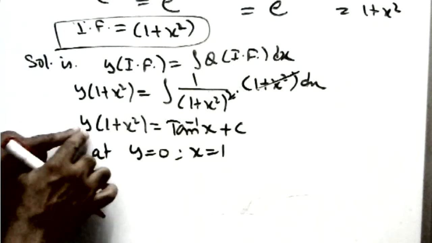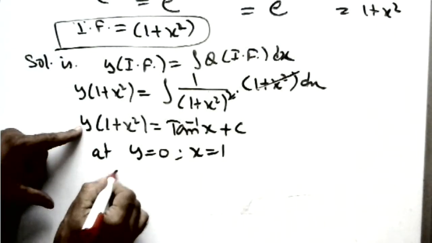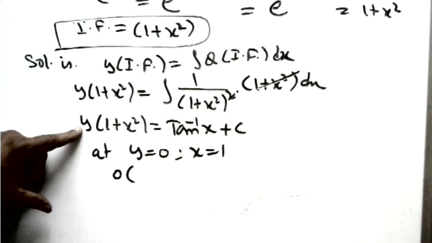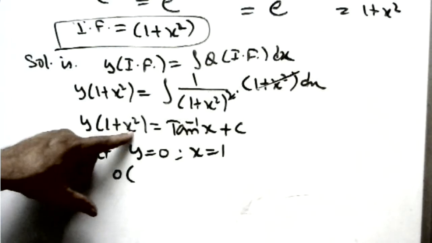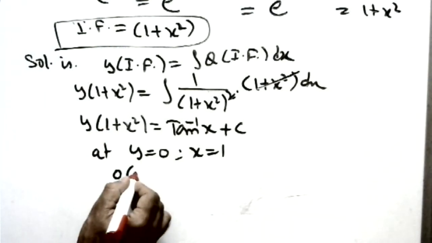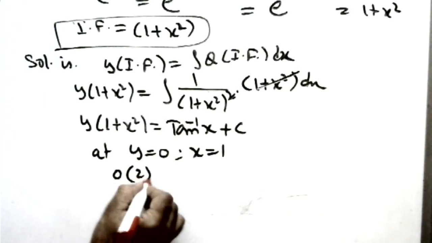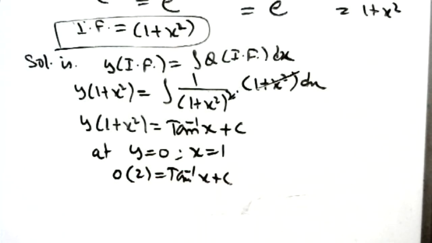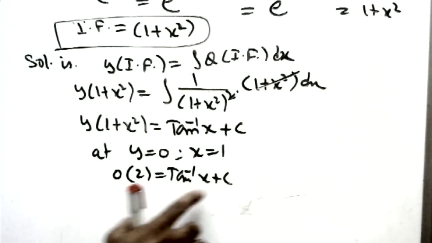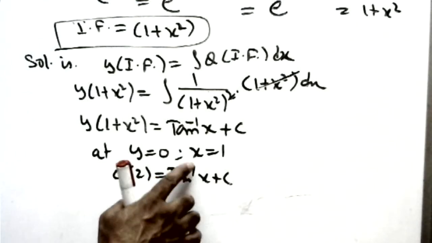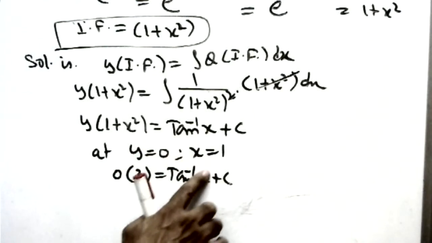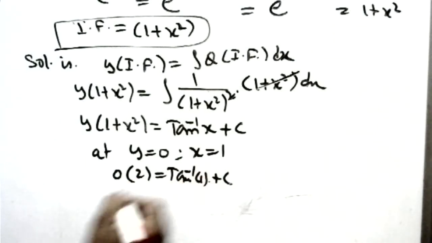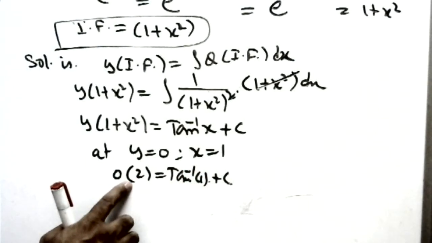Now put y equals 0 and x equals 1. y equals 0 means this will be 0 into (1 plus 1), which is 2, and 2 into 0 is 0 only. So 0 equals tan inverse x plus c, that is, tan inverse 1 plus c.